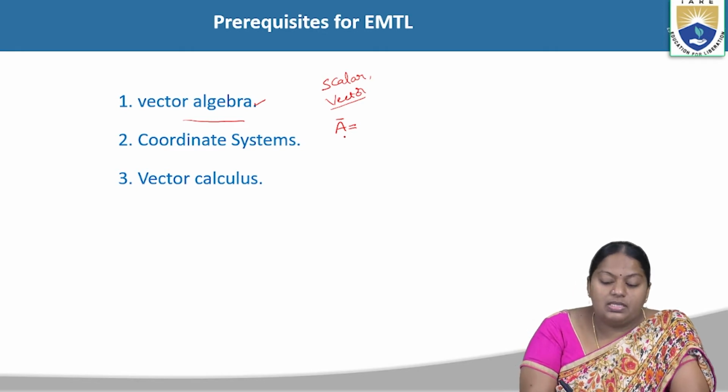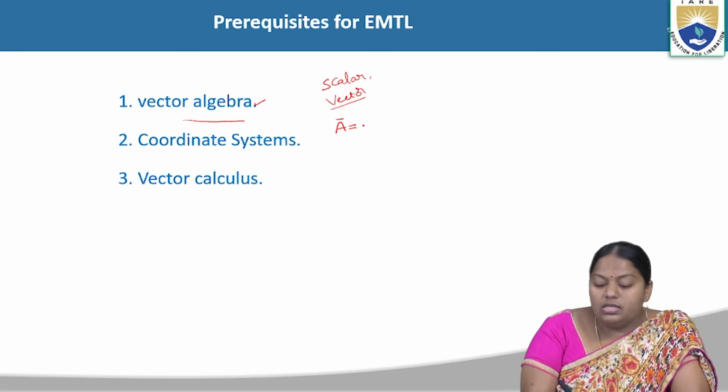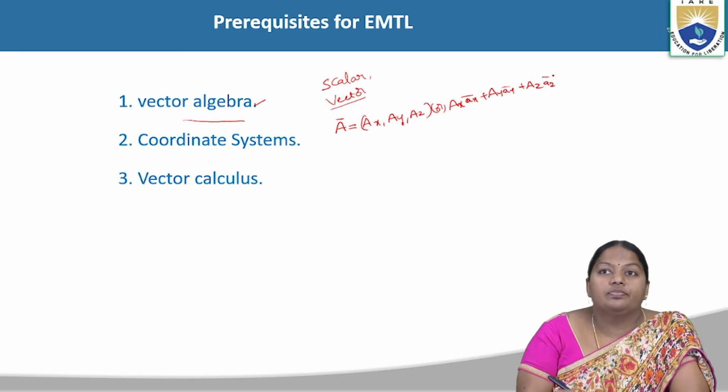That can be represented as A bar equal to (Ax, Ay, Az), or in other words, we can write it as Ax ax plus Ay ay plus Az az.